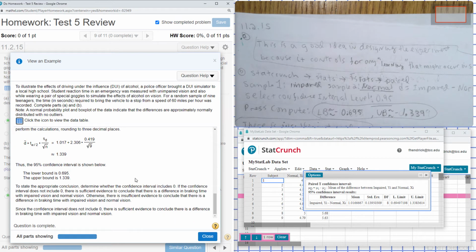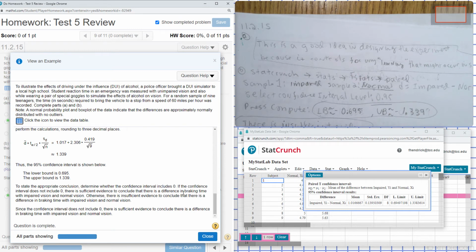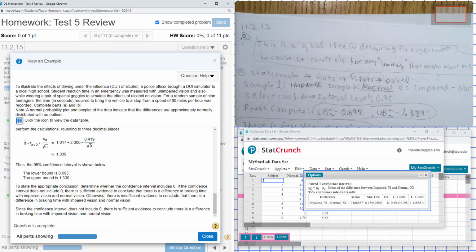Since the confidence interval does not include 0, to state the appropriate conclusion, determine whether the interval includes 0. If it doesn't include 0, then there's sufficient evidence to conclude that there is a difference in braking time with impaired and normal vision.